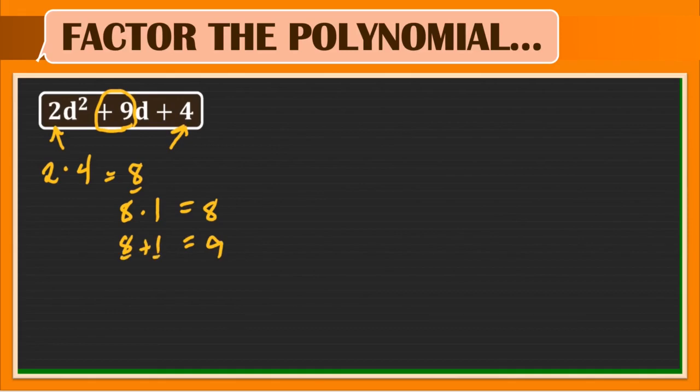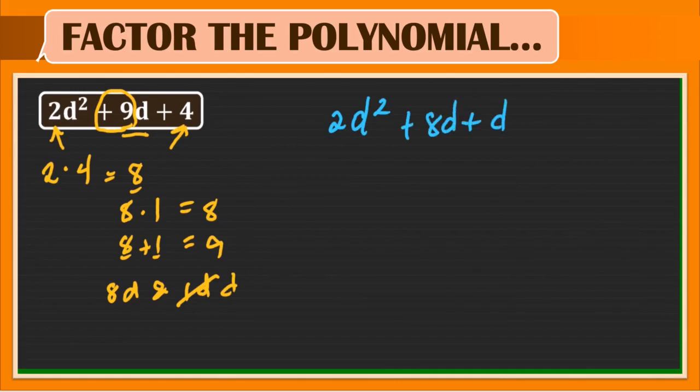Next, we have to rewrite the entire given polynomial into a polynomial with 4 terms, replacing the middle term 9d with 8d and 1d, or simply d. So we have 2d squared plus 8d plus 1d, or simply d, plus 4.